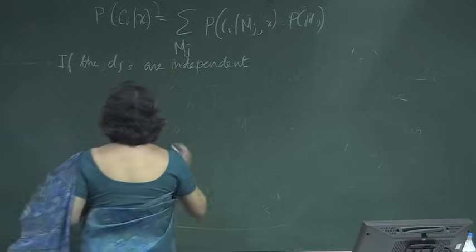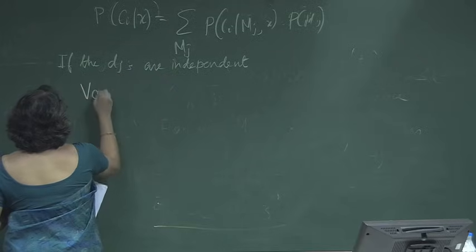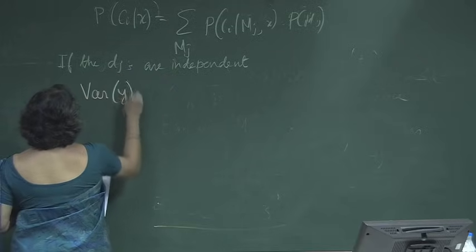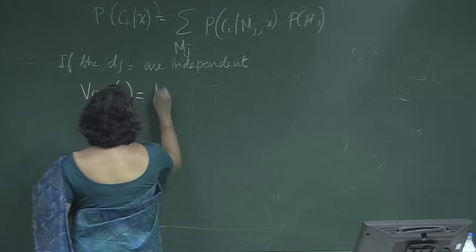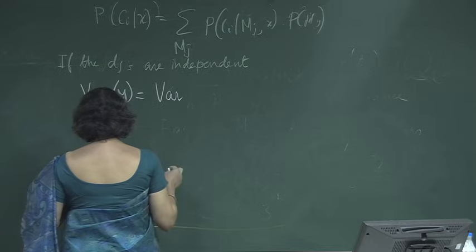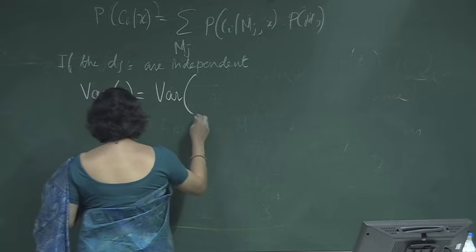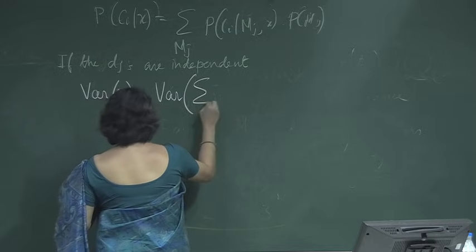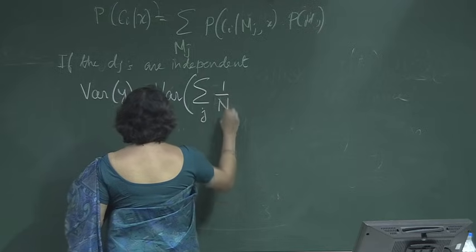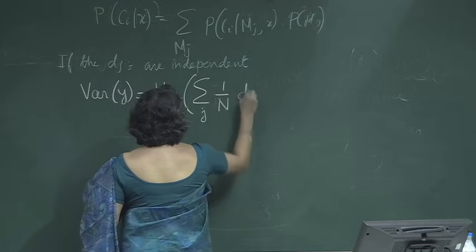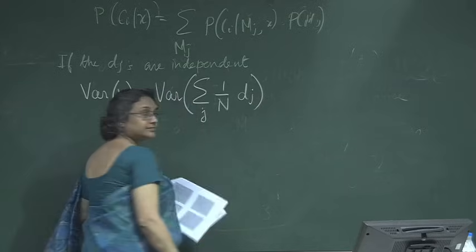It can be shown that if you are using n learners, the variance of the resulting ensemble is the variance of the summation over j of 1 by n dj, where n is the number of learners.